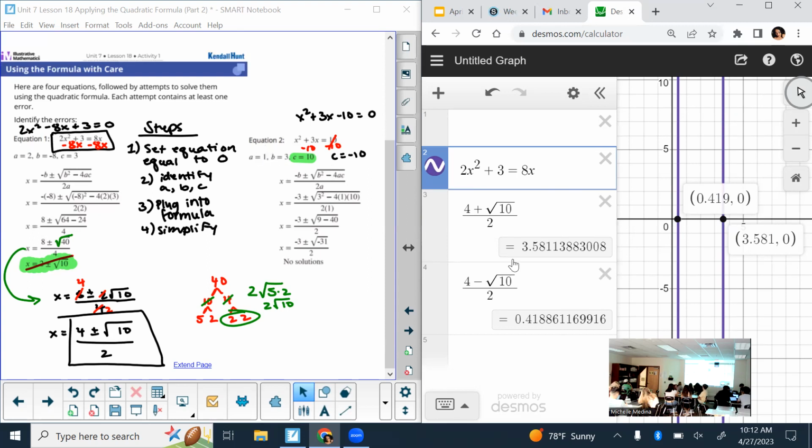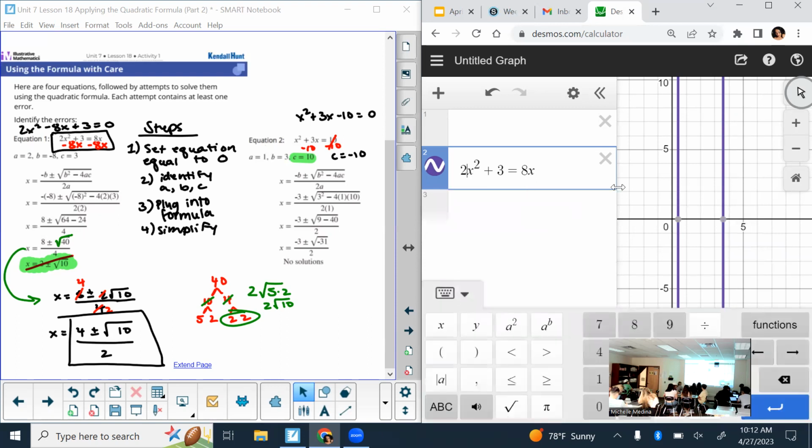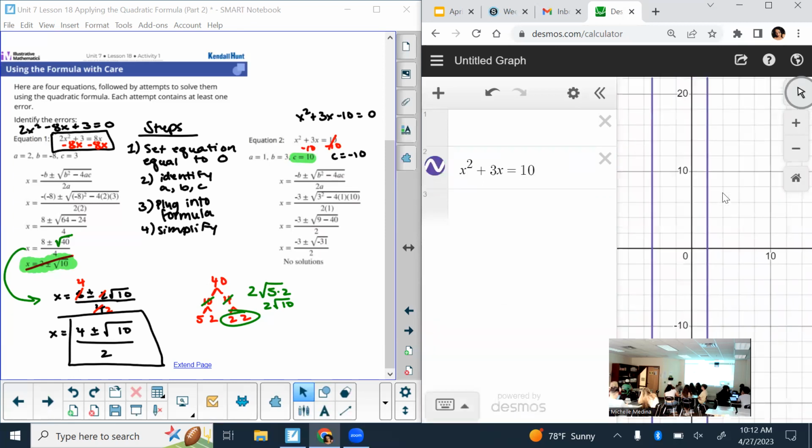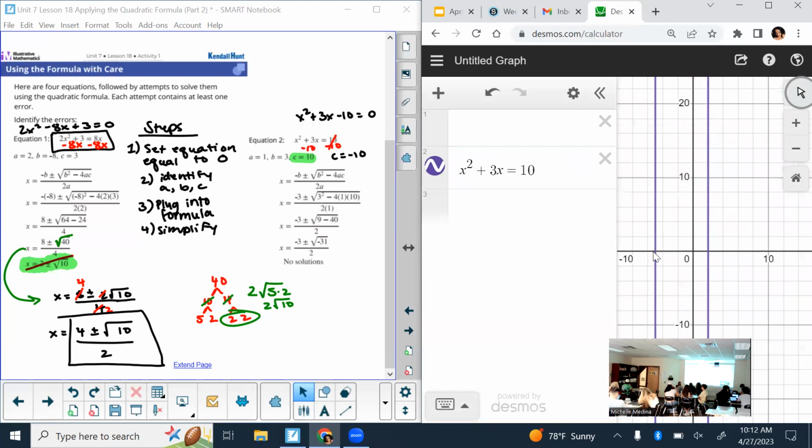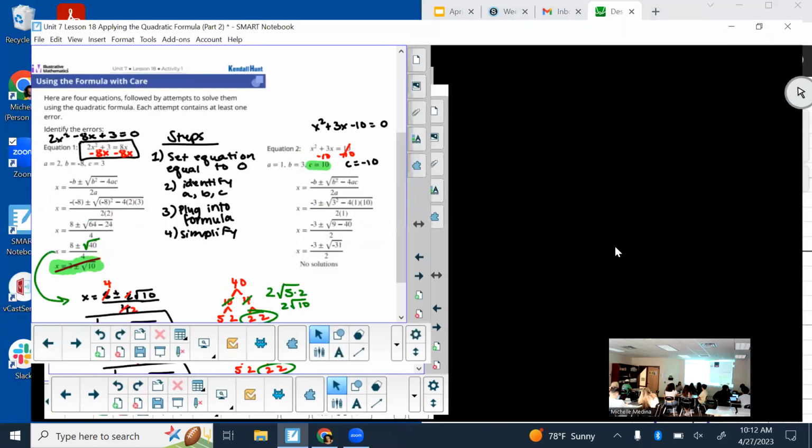So let me show you equation 2 real quick. That one I know had nice answers, so that's why I want to show you that one. X squared plus 3x equals 10. Those zeros are -5 and +2. So if you want to write that for equation 2, you can.